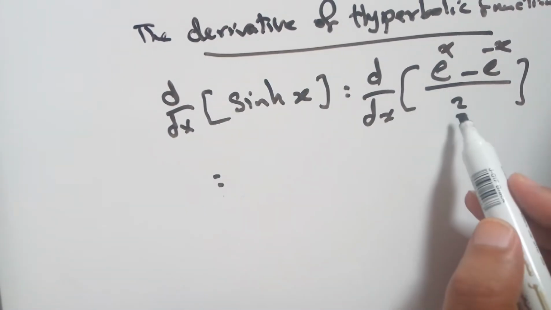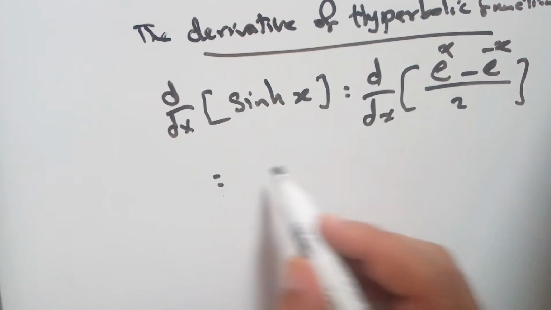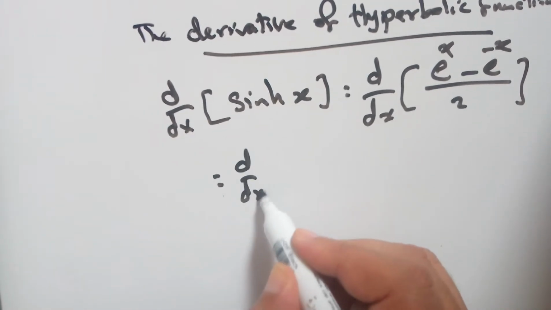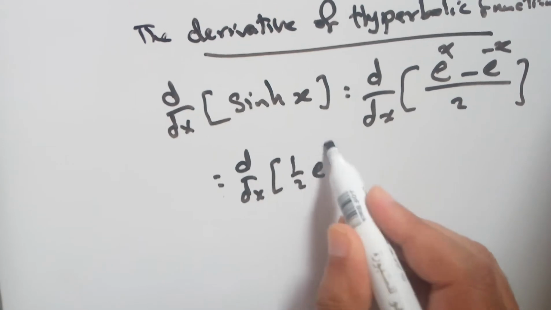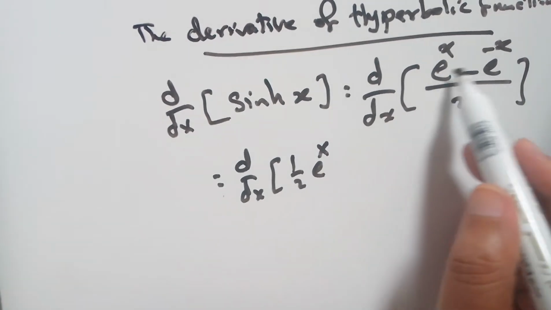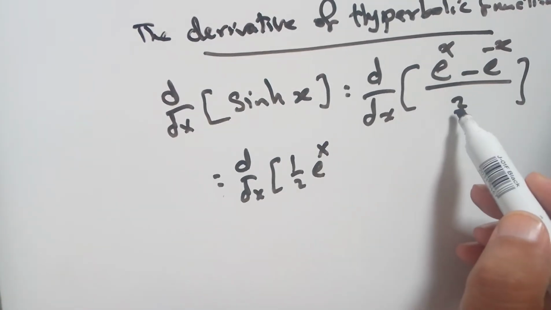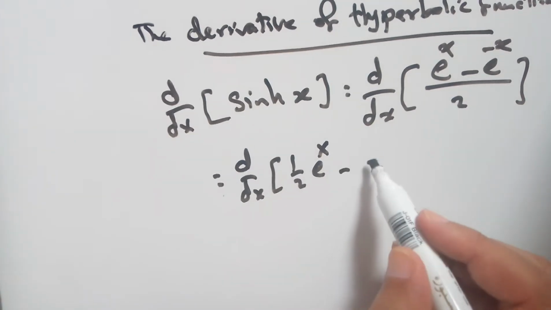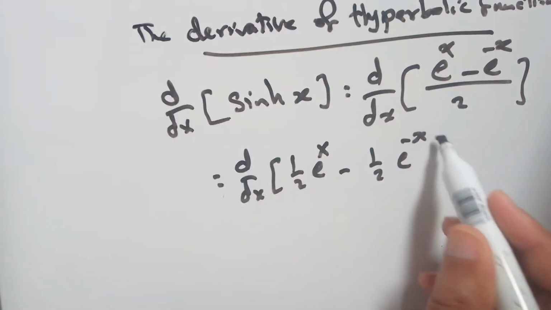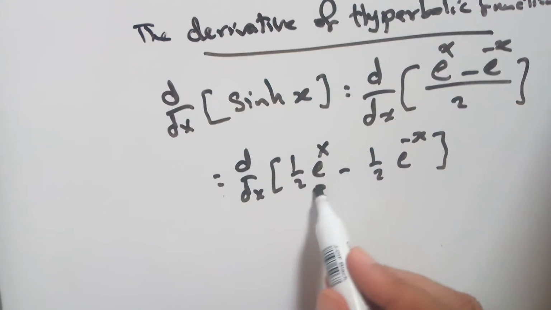Here e to the power x over 2 you can write as half e to the power x, minus half e to the power negative x, and you can find the derivative for this one.